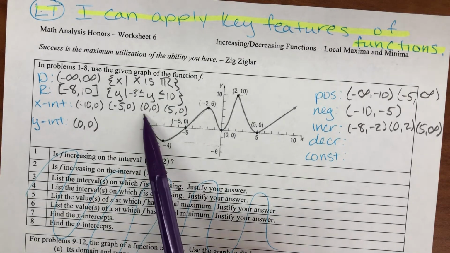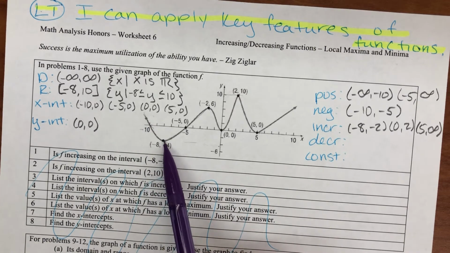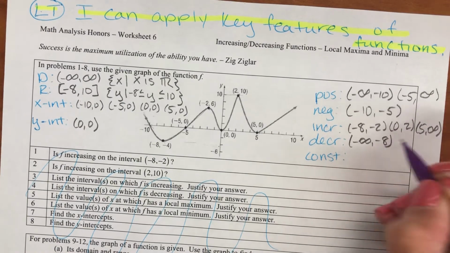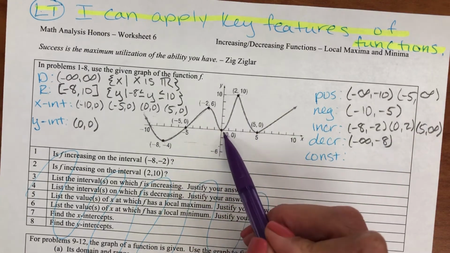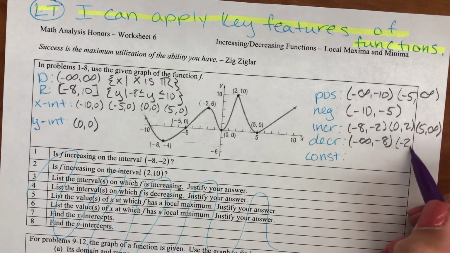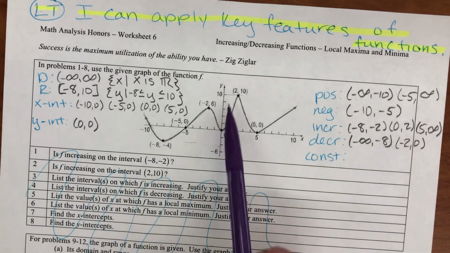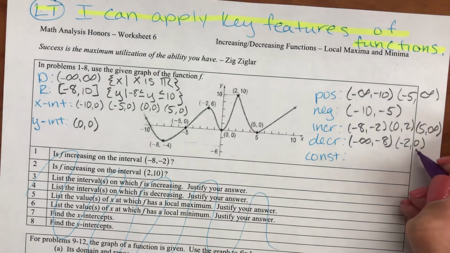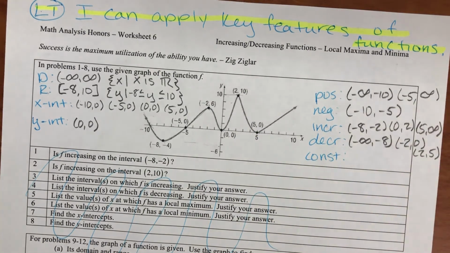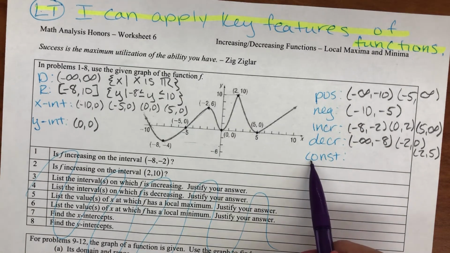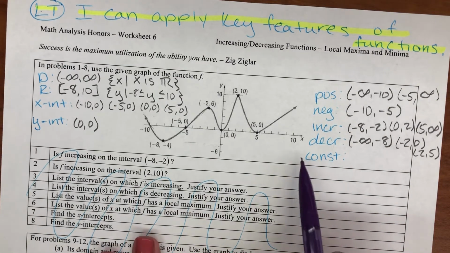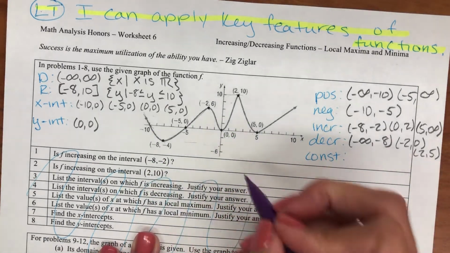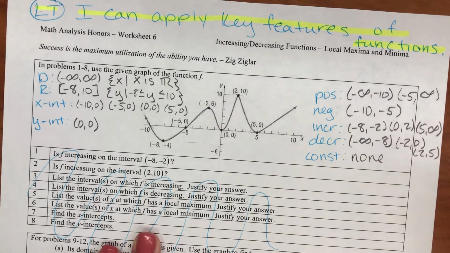So it's going to be here from negative infinity to -8. And then from -2 to 0. And from 2 to 5. Constant is where the graph is neither going up or down, it's just going straight across. We don't have that for this example, so it would just be none here.